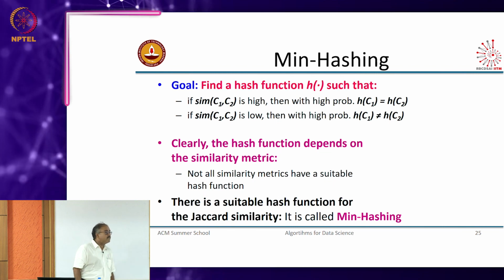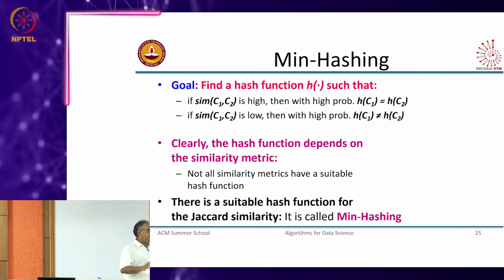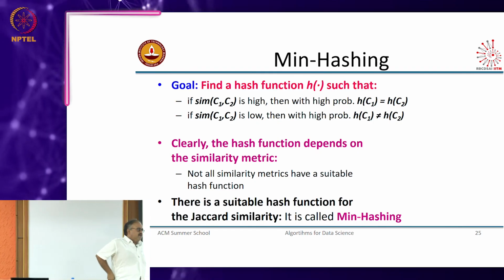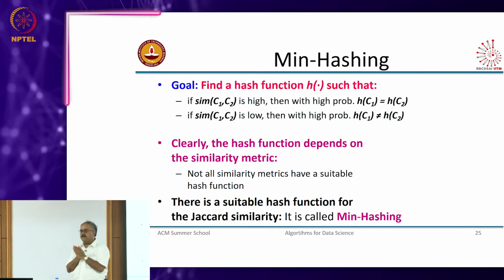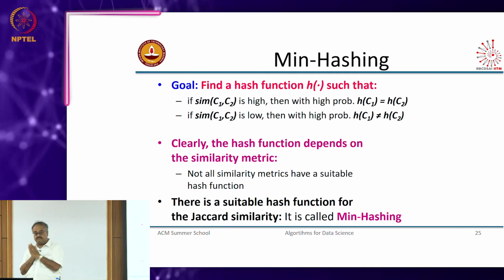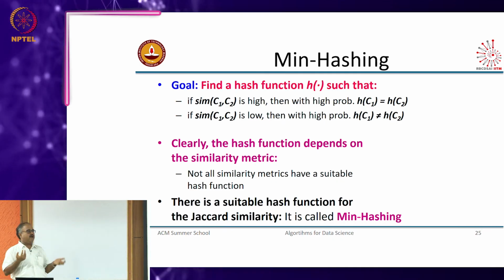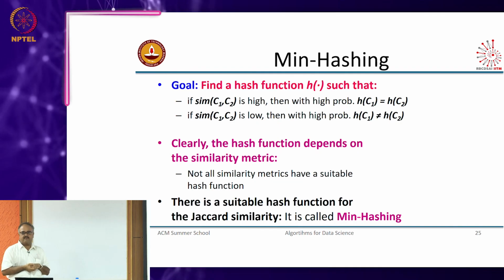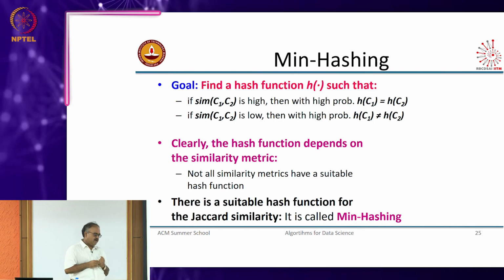You can convert cosine similarity into a distance, just like you do Jaccard similarity, and that has a hashing family associated with it. L2 also has a hashing family associated with it, even though it's not very robust, so I'll not get into the details of L2.